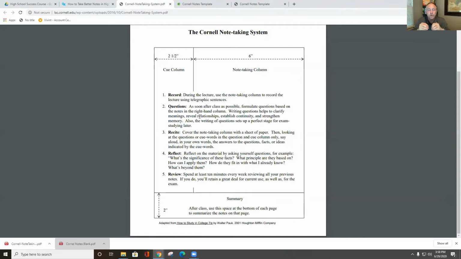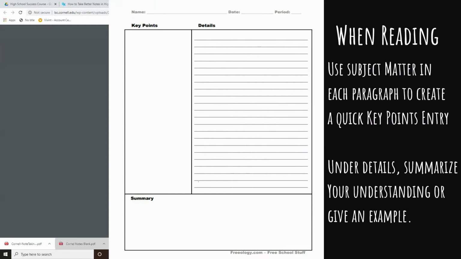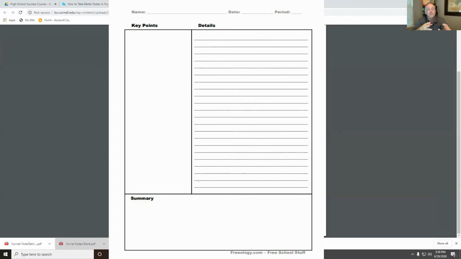I want you to focus on the key objectives of what's being said or what they're trying to explain to you in the textbook, okay? So in the left-hand column, you're going to take a quick note that says, hey, here you go. This is what they're trying to say, and moving on.